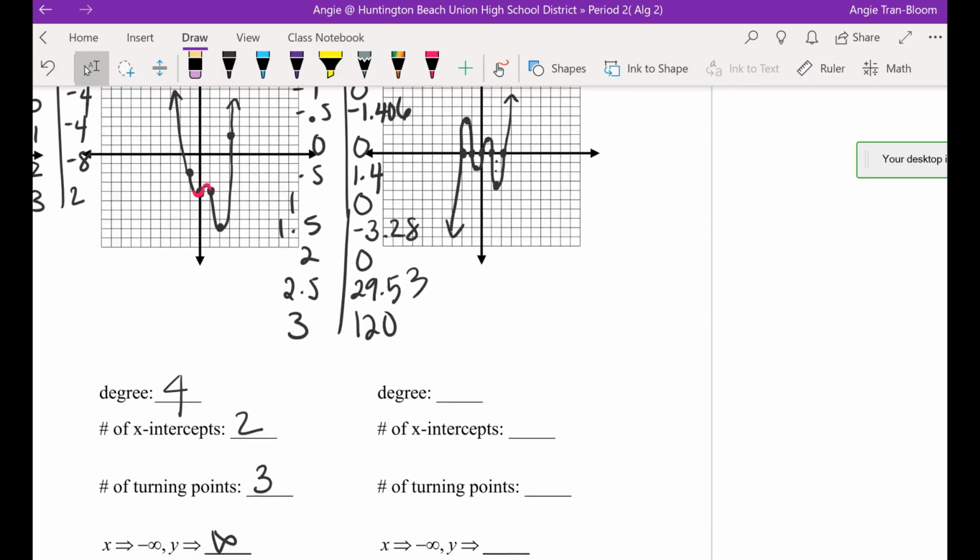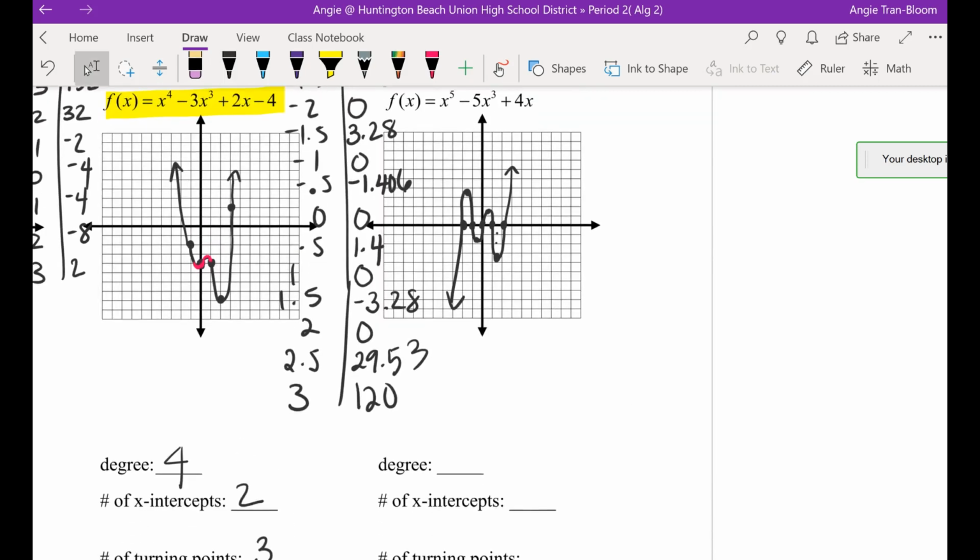Now let's answer the other parts of the question. Delaney, what's our degree today? 5. What's the highest x power? 5, okay? The highest exponent of this is 5.